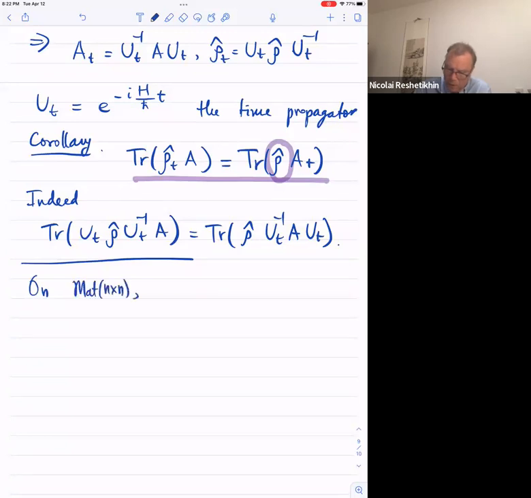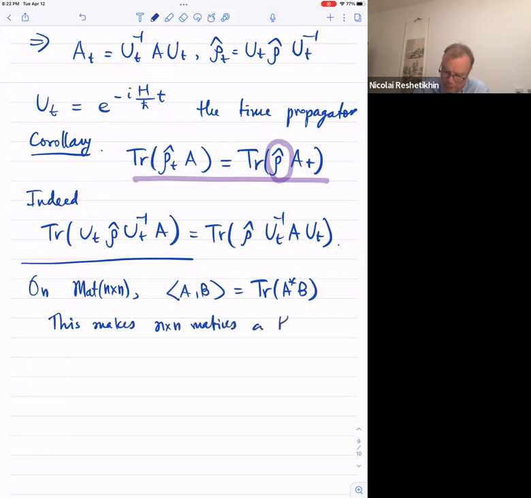On n by n matrices, we can define the Hermitian scalar product as trace of A star B. So this makes n by n matrices a Hermitian vector space.